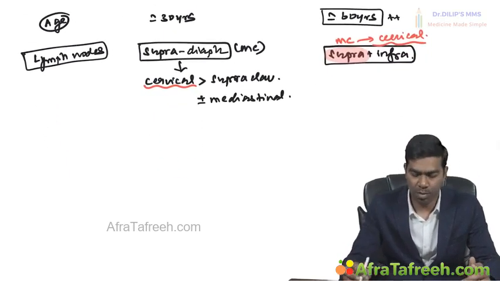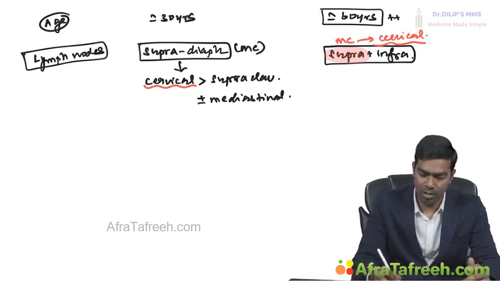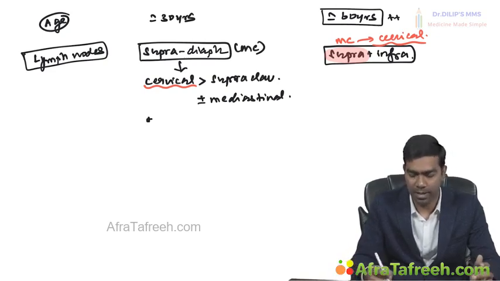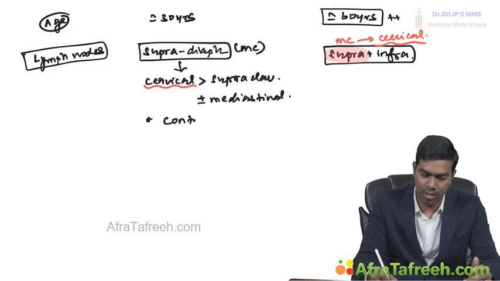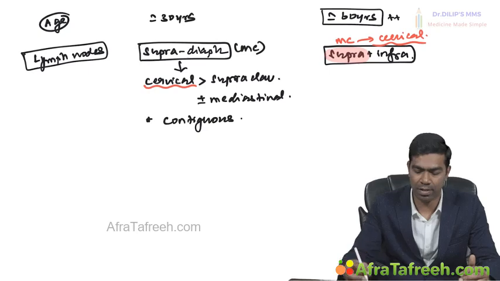Another important point about lymph node involvement in Hodgkin lymphoma is that these patients will have contiguous anatomical spread, which means one after the other, one by one, the next anatomical site will be involved: cervical, axillary, mediastinal, like that they go in a contiguous spreading fashion.